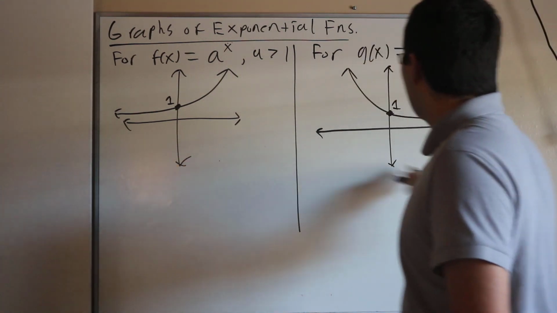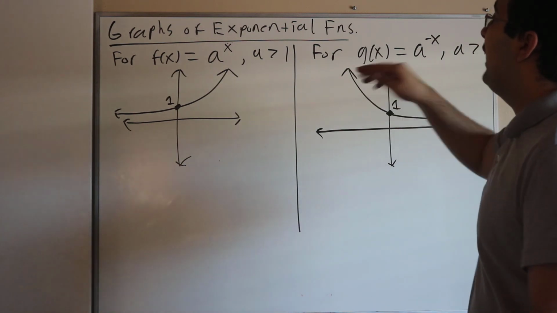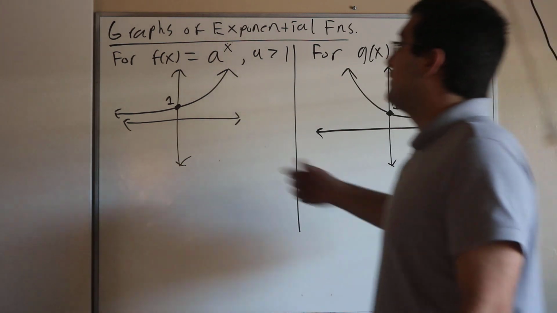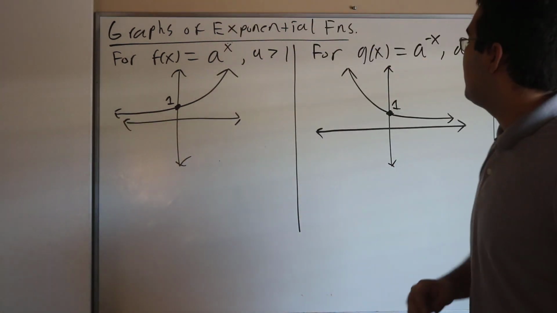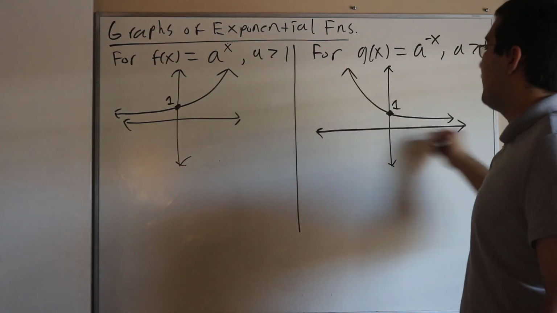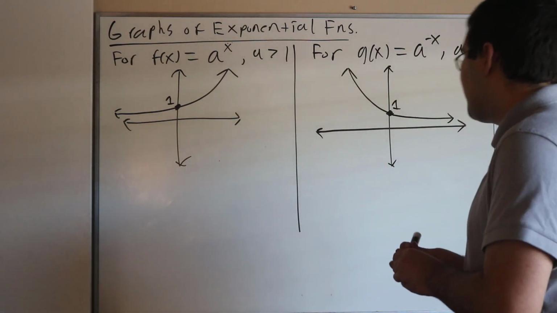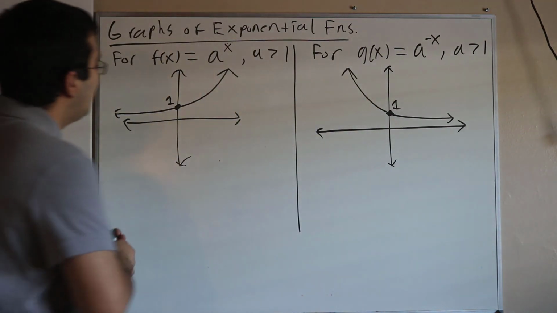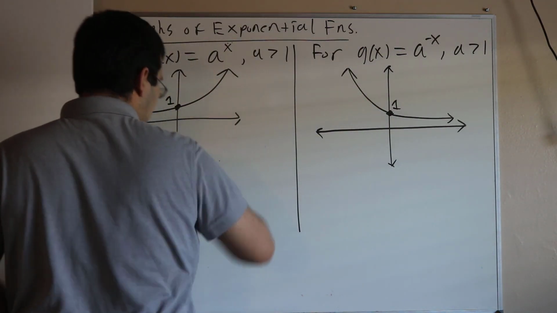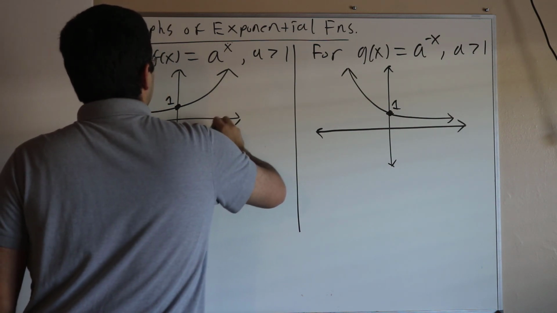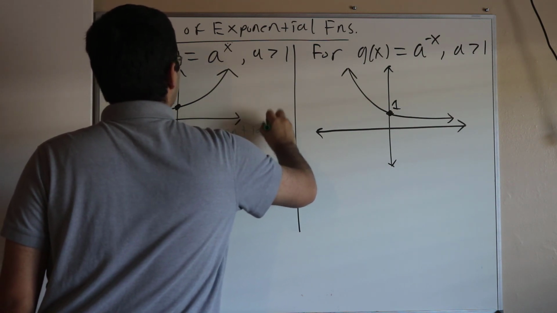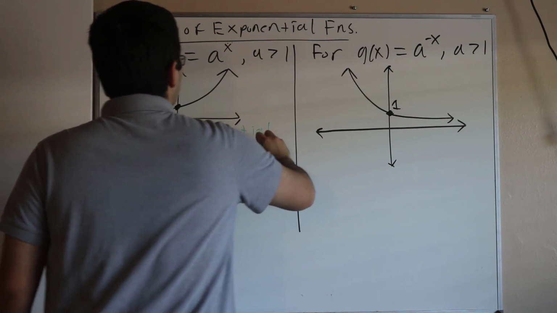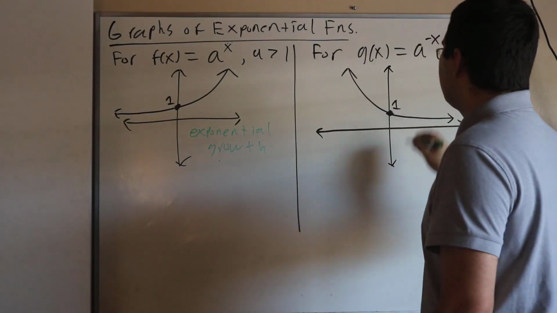And so we get the following two images. For a to the power of x, or f of x, we get a function that is increasing, and for g of x, we get a function that is decreasing. Unsurprisingly, these are our two common types of exponential functions, and we call this one exponential growth, and then we call this one exponential decay.